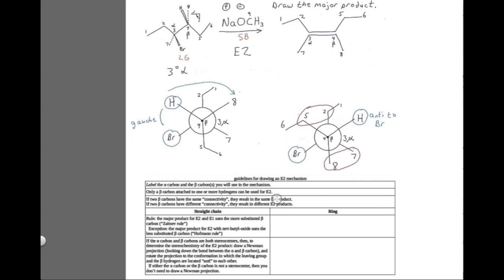Now, this is the first problem where we've completely illustrated this method for getting the correct stereochemistry for E2. So likely you did not get this problem right when you tried it first on your own, or if you did get it right, you might not have used the correct method.